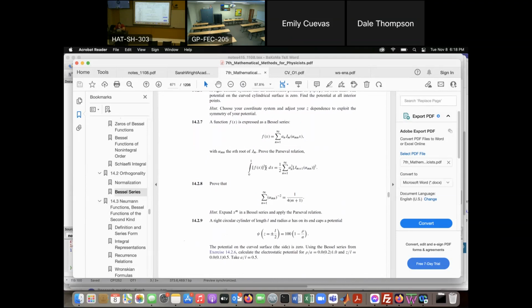Okay, and since in this case, this integral, you'd just be able to work that out.